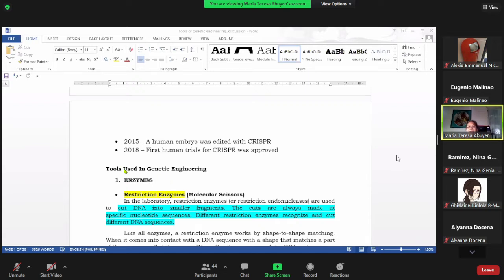The tools referred to here are not the tools that we often see in the laboratory, in farms, or in carpentry. So they are not the common tools that we see in our environment. They are not the common tools that we use in the kitchen.